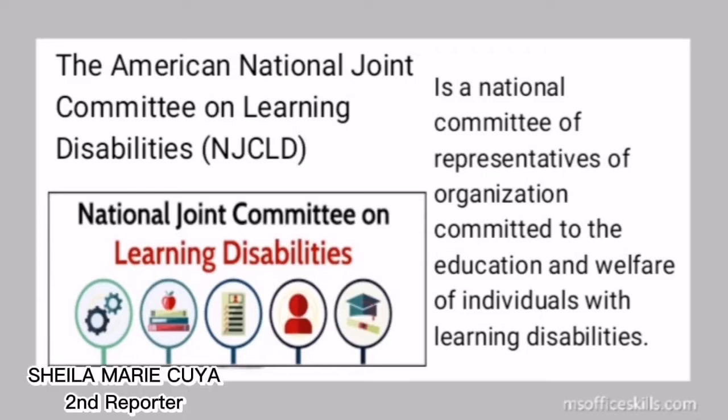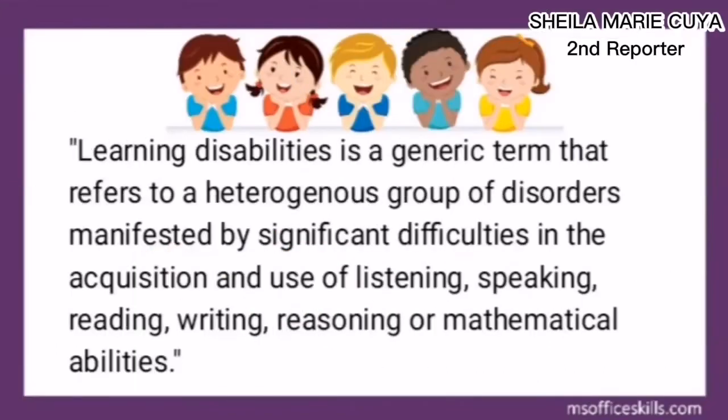This organization stated in 1989 that learning disabilities is a generic term that refers to a heterogeneous group of disorders manifested by significant difficulties in the acquisition and use of listening, speaking, reading, writing, reasoning, and mathematical abilities.